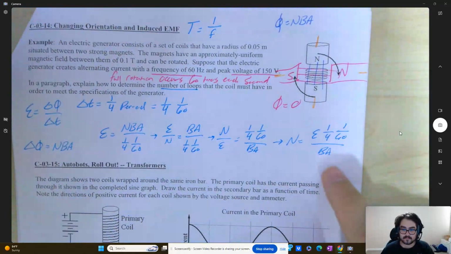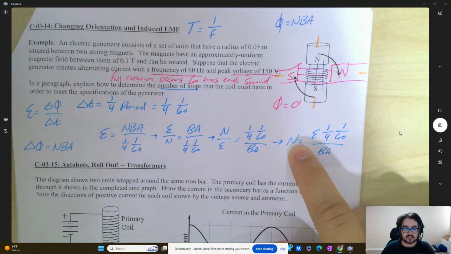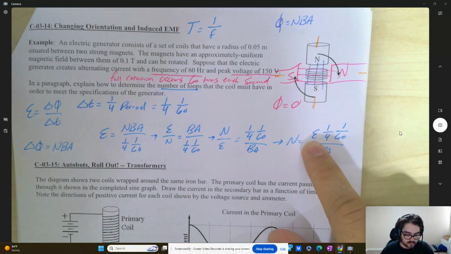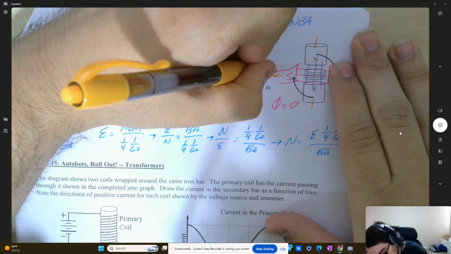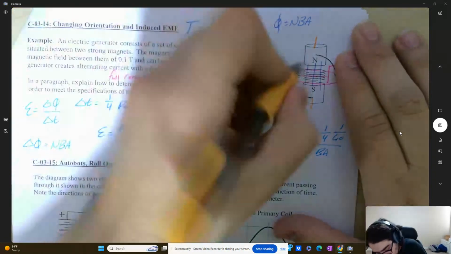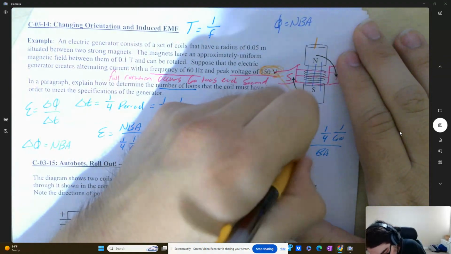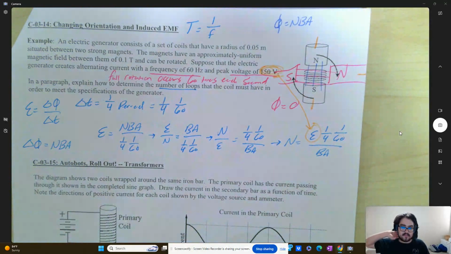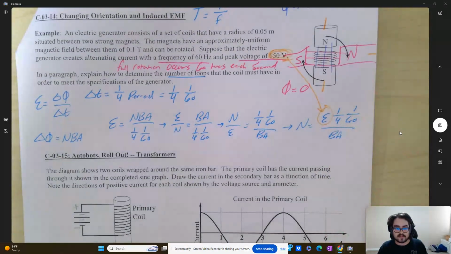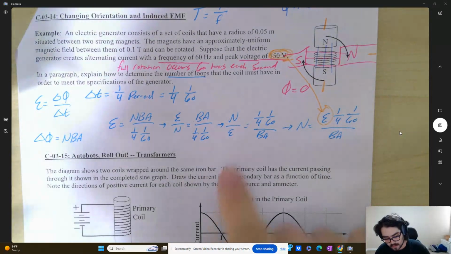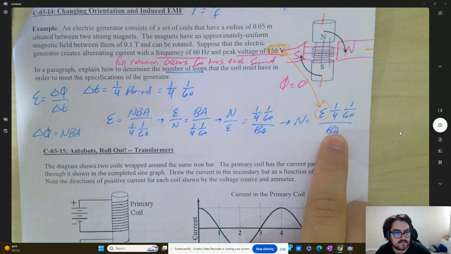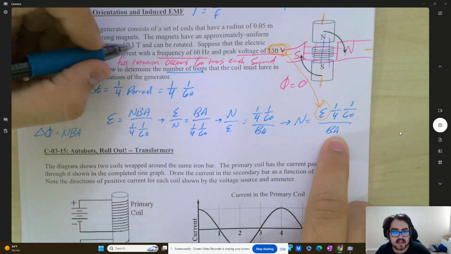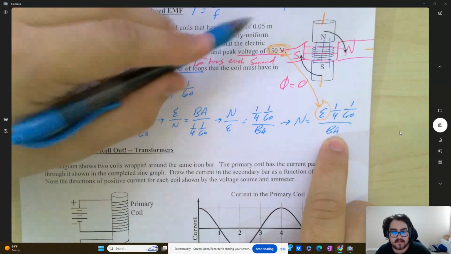Then you just plug everything in. Epsilon in this case is going to be this 150 right here, because that's the highest amount of voltage, when the flux is equal to NBA. The B field is 0.1, and the area we can work out from the radius.